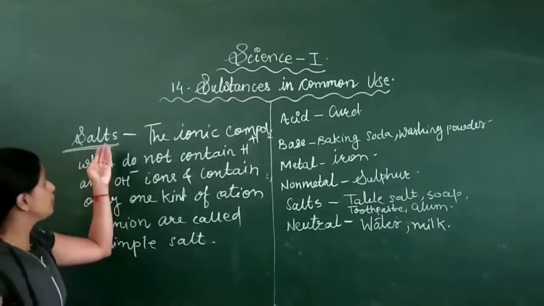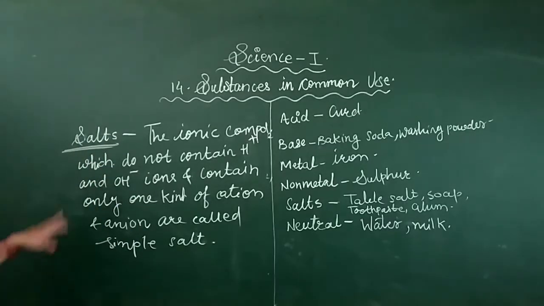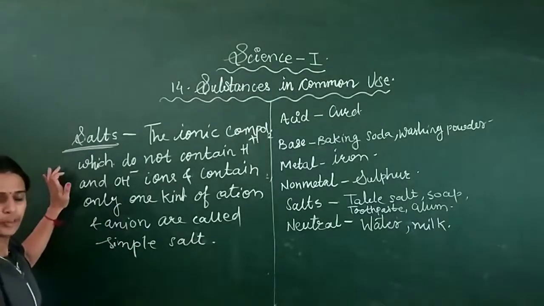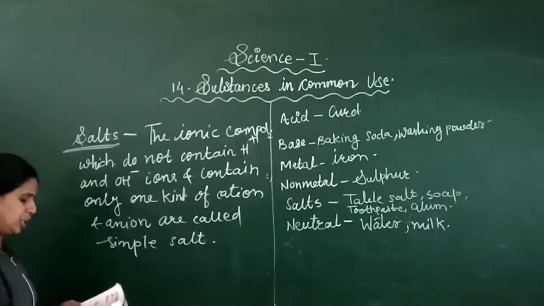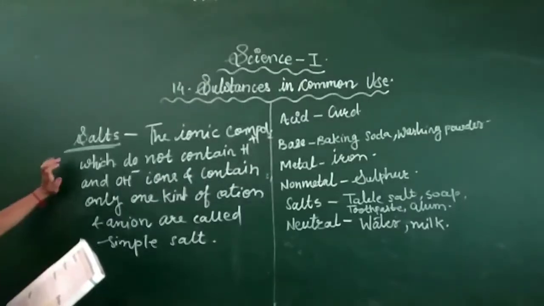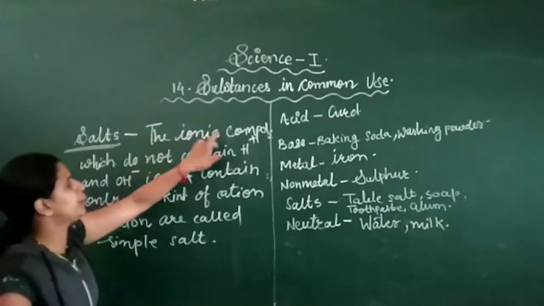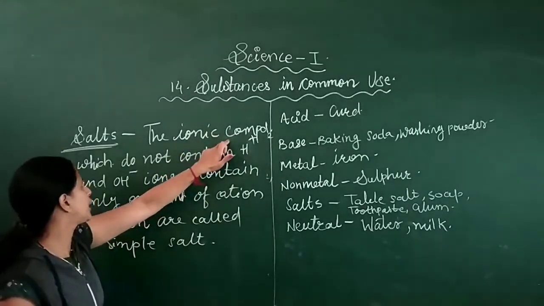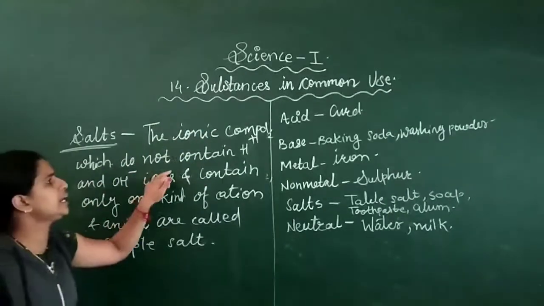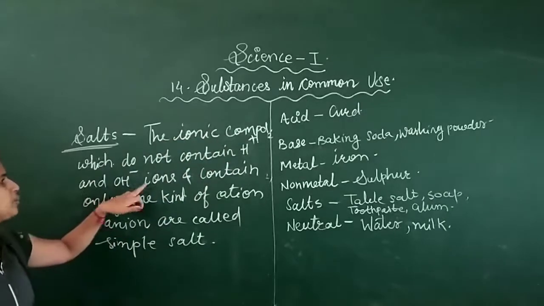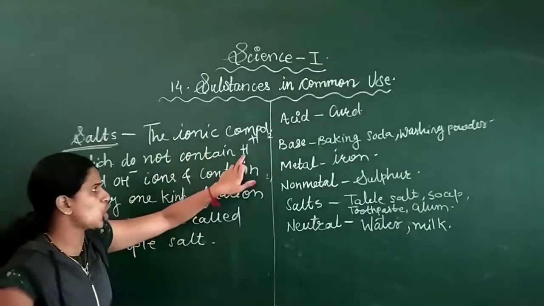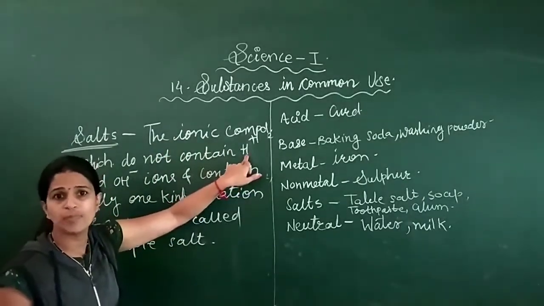Okay, so what is the definition for the simple salt? This definition is important for your exam too. So read it carefully and learn this definition too. So what is this salt? Salt is an ionic compound which does not contain H plus and OH minus ions. Means it is not H plus ion, what?